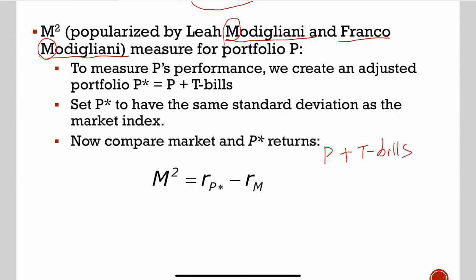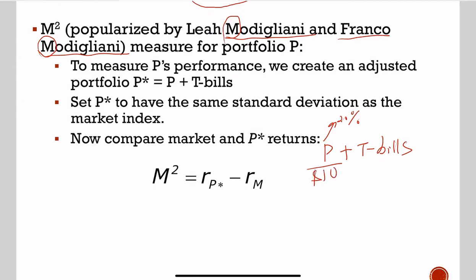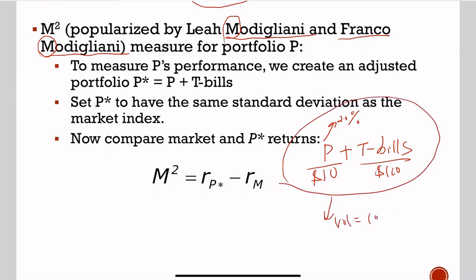And you guys have learned in corporate finance too, if you mix a risky portfolio with a risk-free asset, then the mixture portfolio will have a lower volatility. For example, if this portfolio P has a 20% volatility, and then if I mix $10 of portfolio P with $10 of T-bills, then this mixture portfolio will only have a volatility of 10%, right?